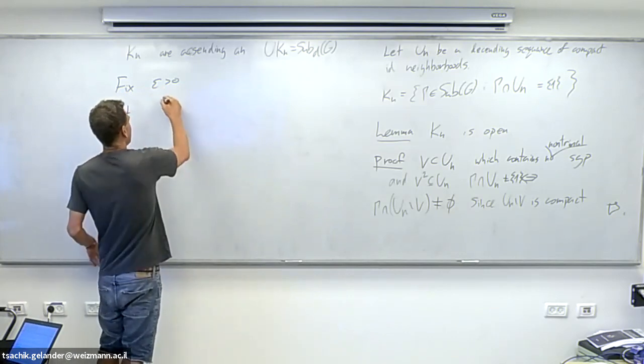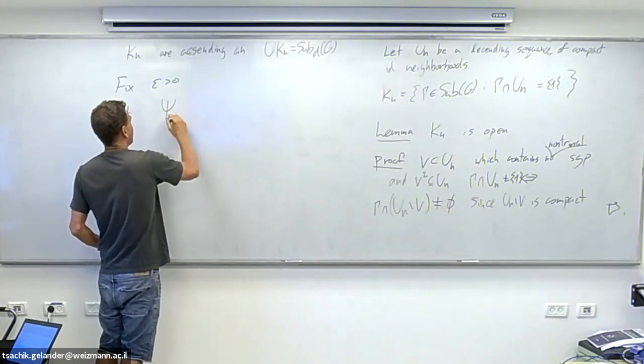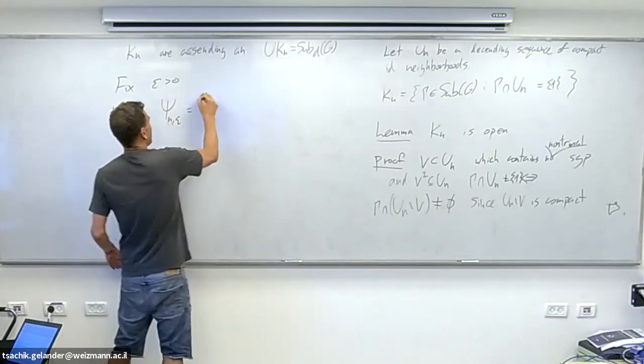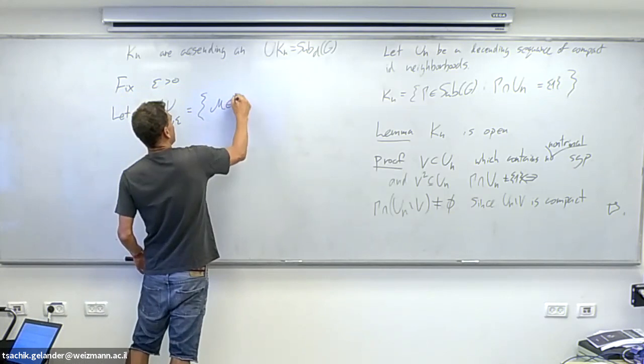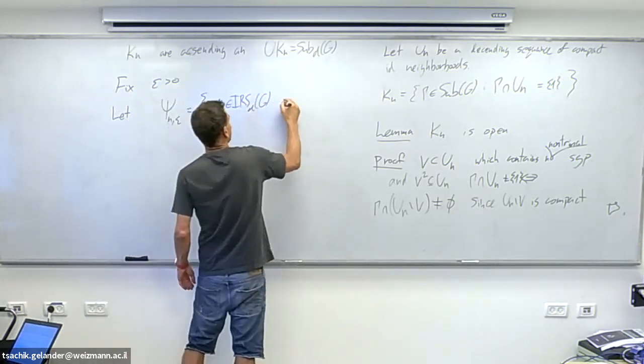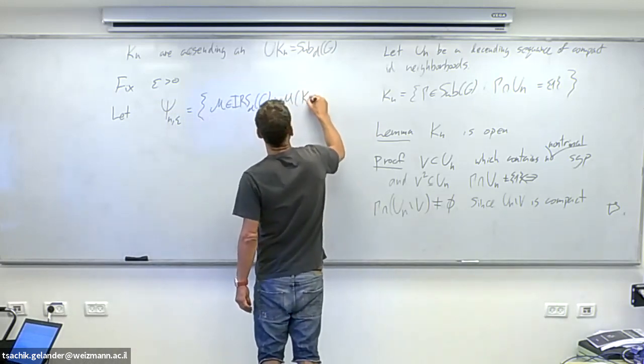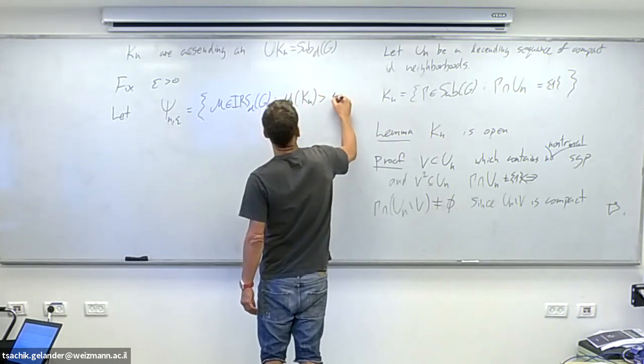Some name, psi. Let psi n epsilon be the set of all mu in IRS such that mu of Kn is bigger than 1 minus epsilon.